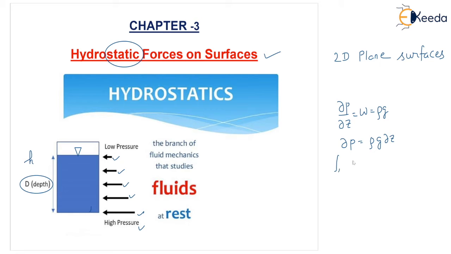If you integrate, you get p equal to rho g z or rho g h, correct? This is the gauge pressure. This p directly depends upon the height or depth from the free surface, rho g z, and the unit is always Newton per meter square, Pascal.